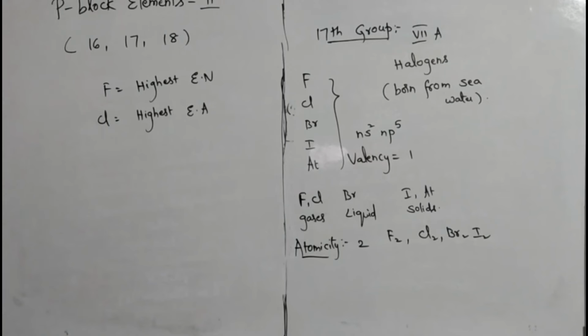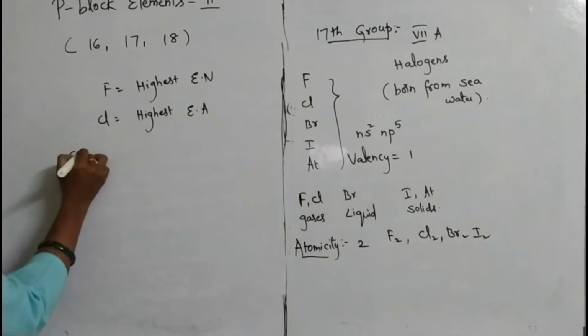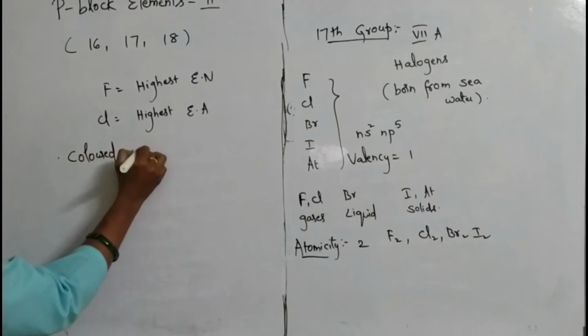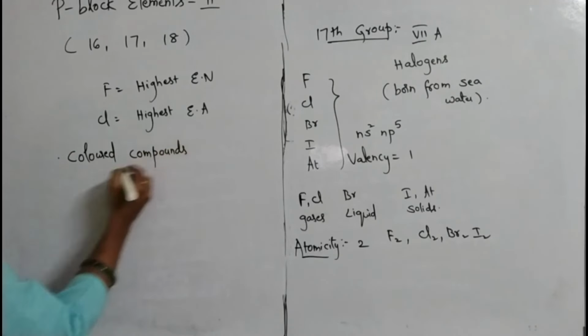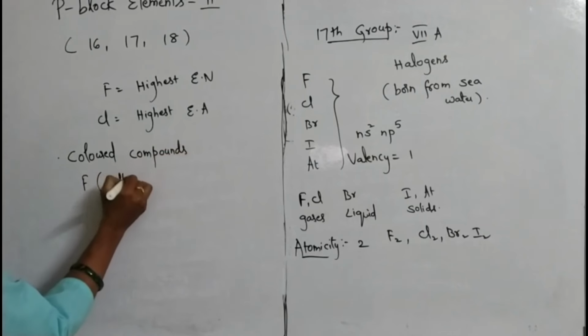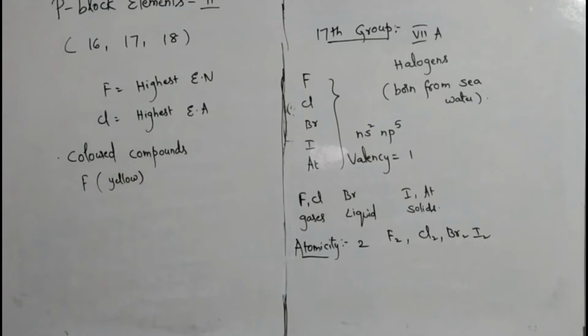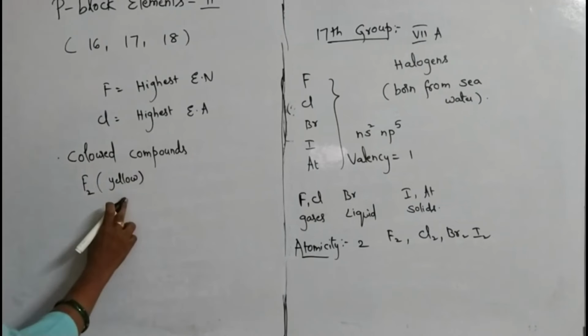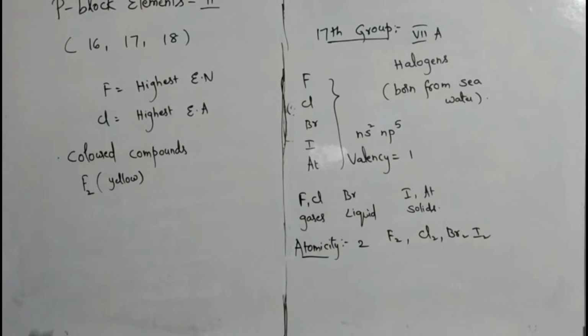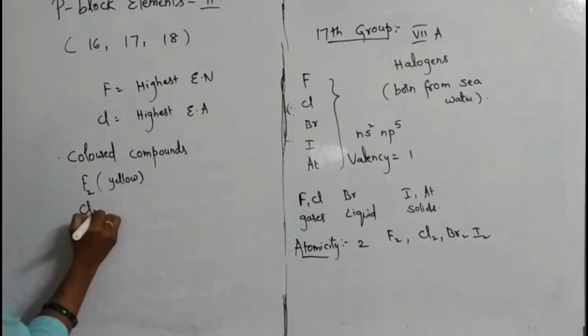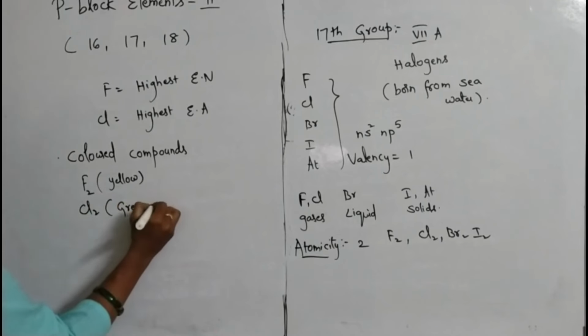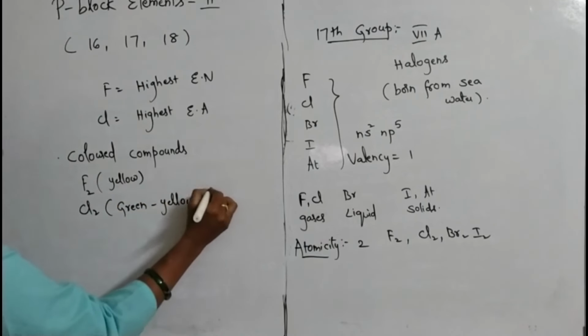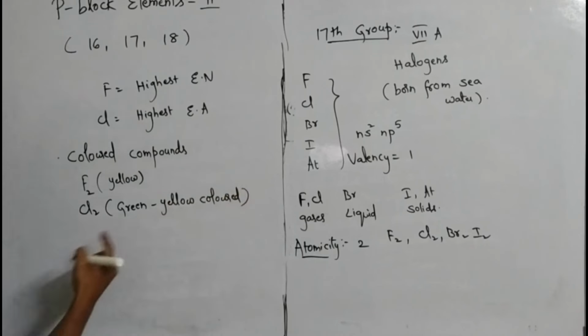Generally they form colored compounds. Fluorine F2, not the movie, I'm not speaking about the movie, forms yellow colored compounds, and chlorine Cl2 forms greenish yellow colored compounds.